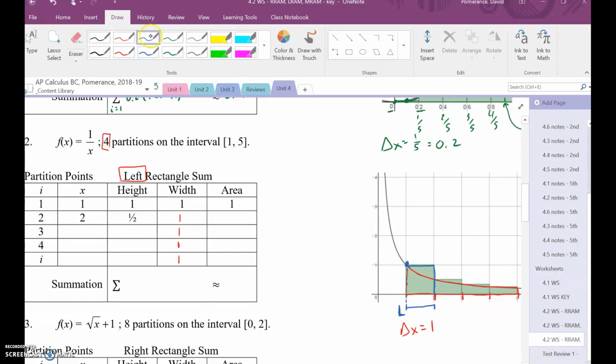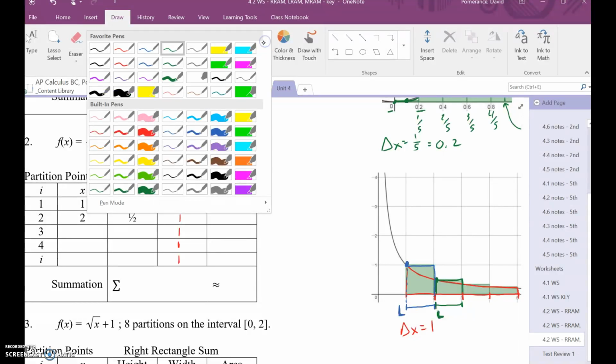So then when we move on to the second subinterval, we go from 2 to 3, we're going to look at the left side of that interval, which is over here, and we're going to get that point. So we're going to notice that each left top corner of our rectangle is going to touch the curve.